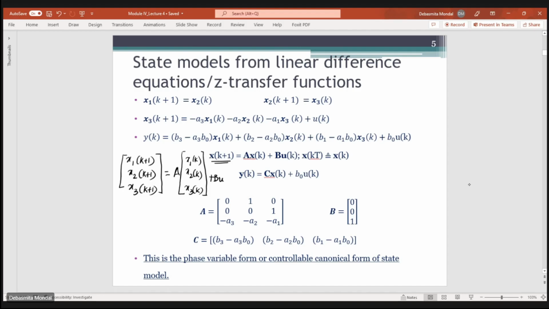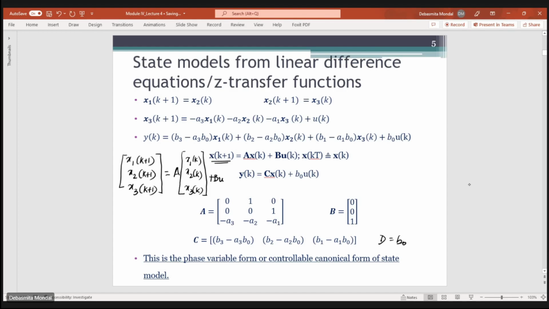So from the difference equations, you can write the state space representation, where you can find the values of the matrices A, B, C. And here in this case, D is equal to b0.